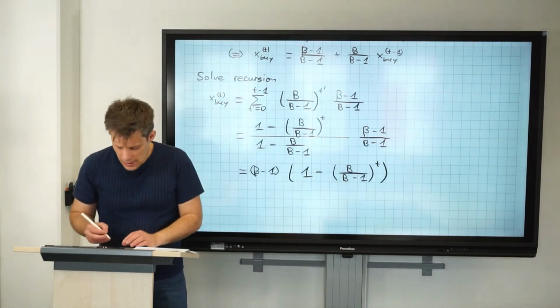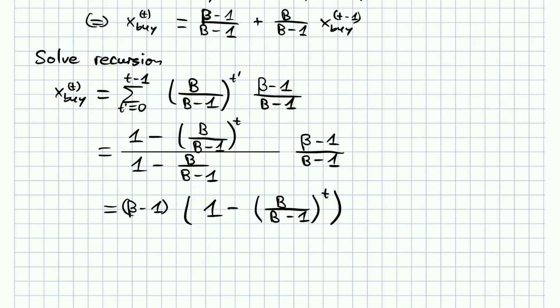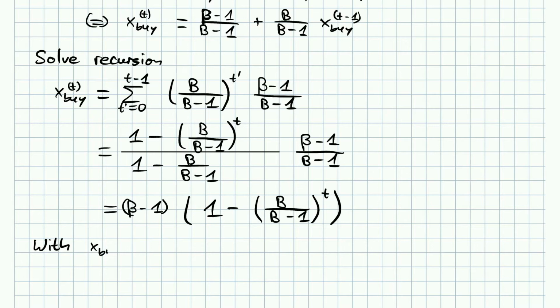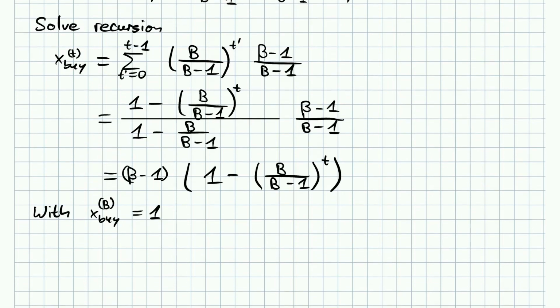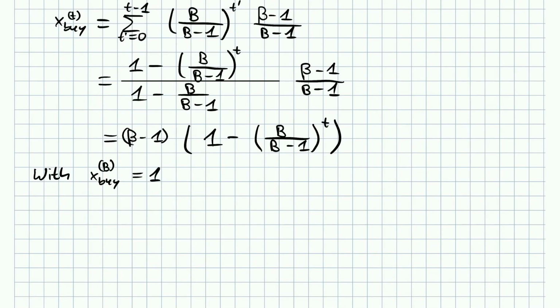So this gives us that this x by variable at time b should be equal to 1. So we have that beta minus 1 times 1 minus b over b minus 1 to the power of b, this will have to be equal to 1.